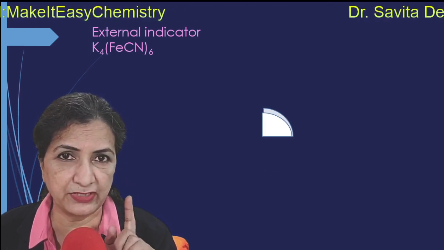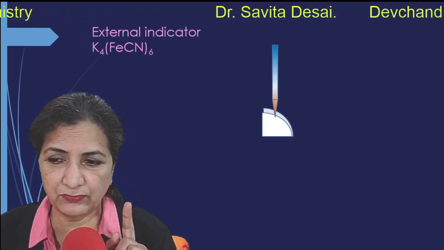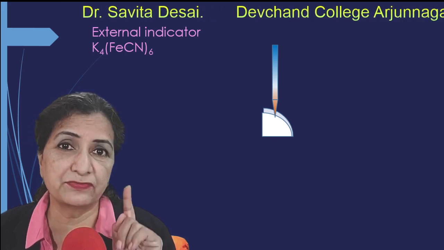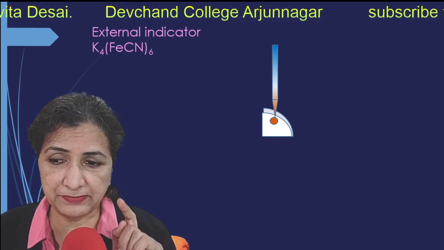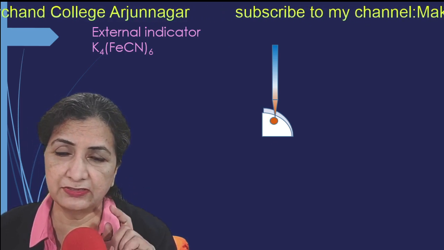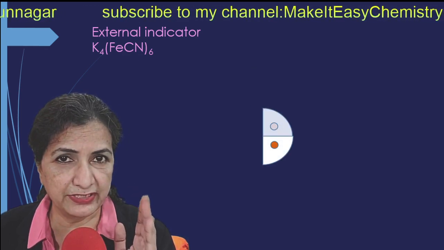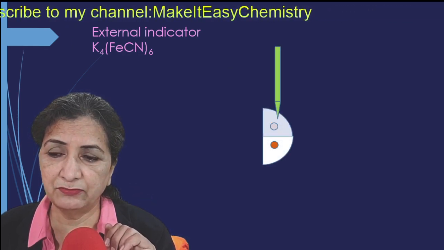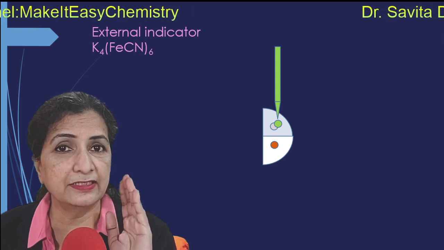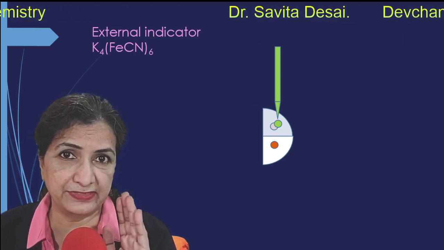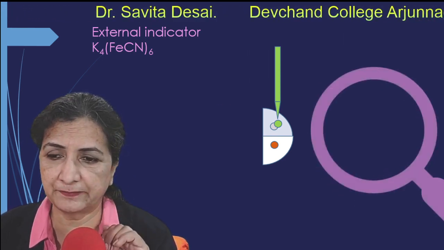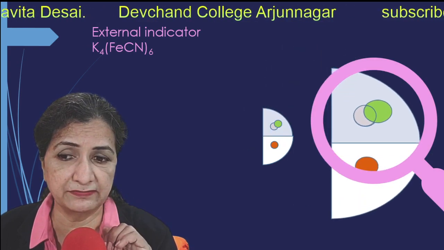What is the end point? We are going to see. The paper is folded, the solution from the evaporating dish is dropped on the paper, the paper is unfolded, and then we add a drop of K4Fe(CN)6 indicator. What are we going to observe?